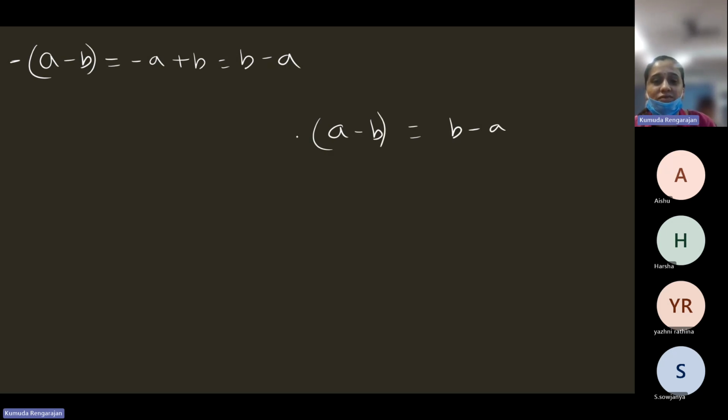Take a minus outside anywhere, here or here. A minus b and b minus a are not the same. Minus of a minus b is b minus a, or minus of b minus a is a minus b.